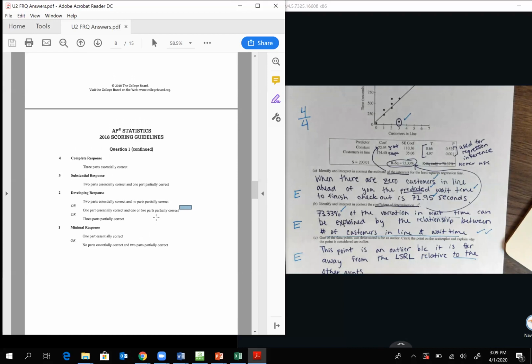And then the last one, 1 part essentially correct and no other parts, so an E and 3 I's would be 1 out of 4. If you got less than that, that is a 0 out of 4, and you need to review regression a lot more before you continue.